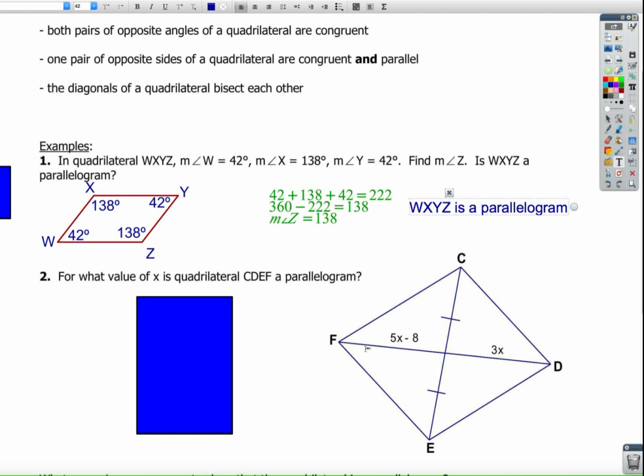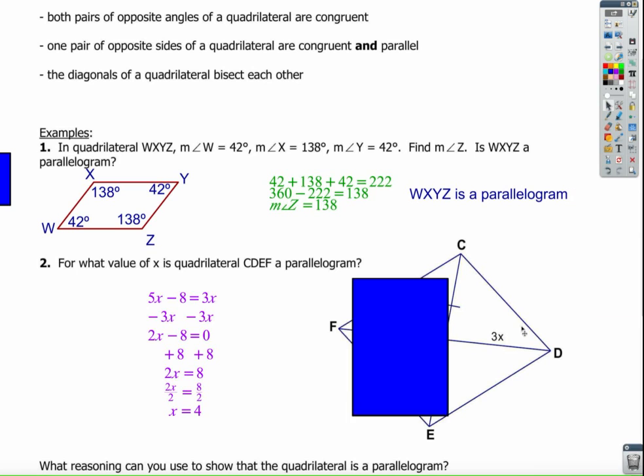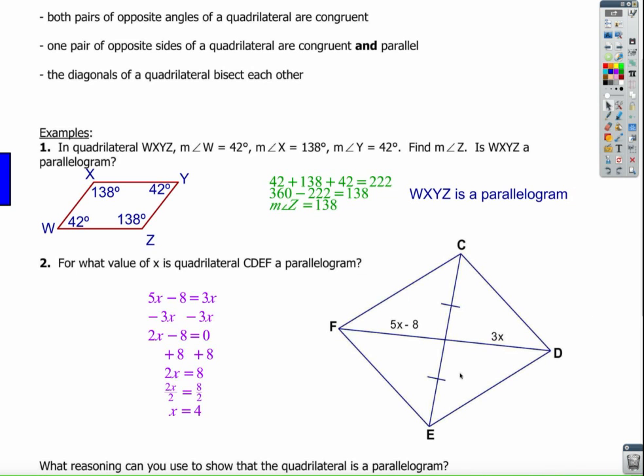But in order for FD to be cut in half, 5x minus 8 must equal 3x. So, 5x minus 8 equals 3x. I can subtract 3x from both sides, add 8 to both sides, divide by 2, and it must be the value of 4 that would make this quadrilateral a parallelogram.